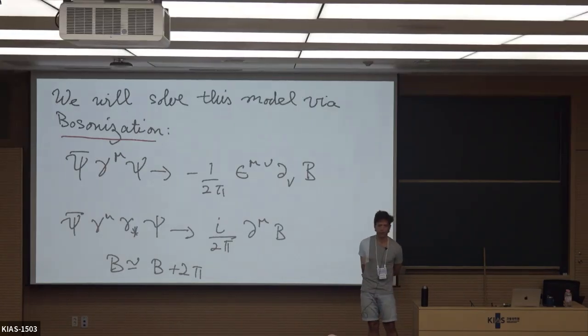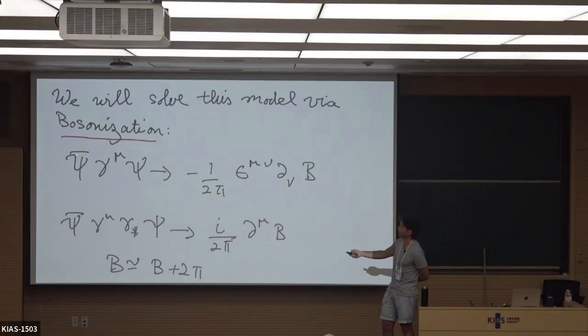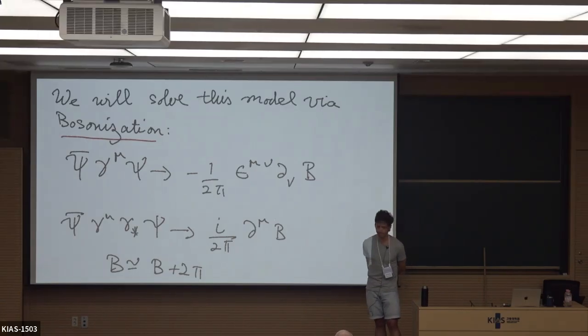We're going to solve it via bosonization. The typical bosonization map is to take the current for the U(1) global symmetry and bosonize it to epsilon mu nu d nu times some boson. And the chiral current will be the derivative of the boson with some i's. This is the typical bosonization map.